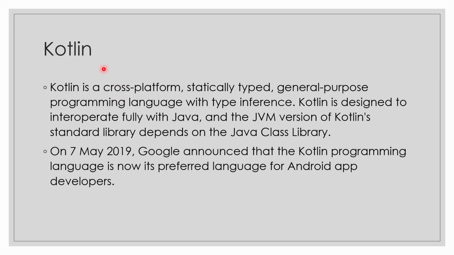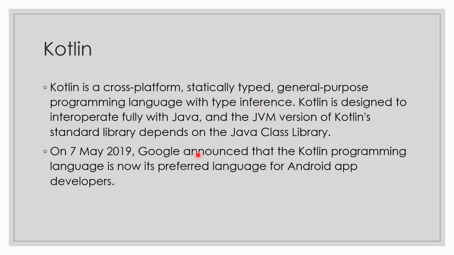Kotlin is a cross-platform, statically typed, general purpose programming language with type inference. I will explain all these terms later, so just hang on. Kotlin is designed to interoperate fully with Java, and the JVM version of Kotlin's standard library depends on the Java class library. Just sit tight for these terms.